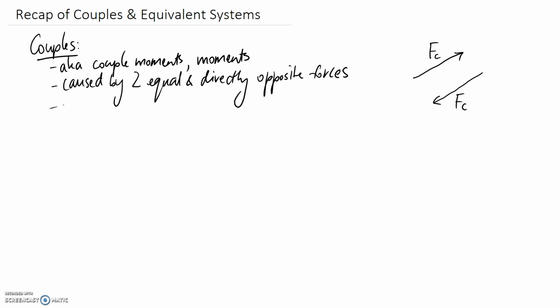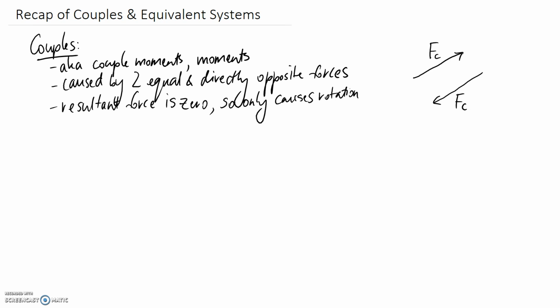Okay, so the resultant force of this couple is 0, so it only causes rotation. The two forces cancel each other out, and all that happens is this thing tries to cause rotation about whatever body it's applied to.